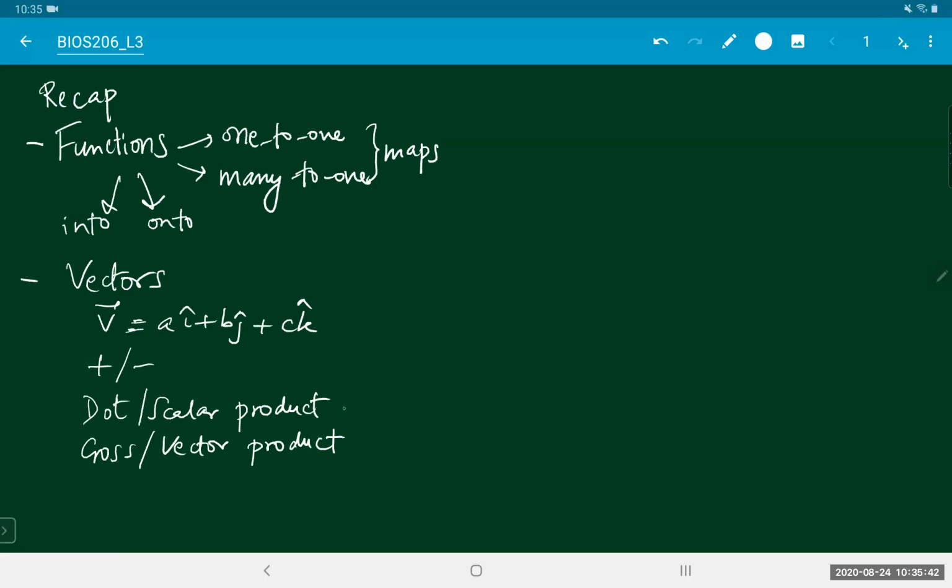As the name suggests, this gives you a scalar, this gives you a vector. Okay. What else did we do in vectors? We saw what is the magnitude of a vector, or the length of a vector.